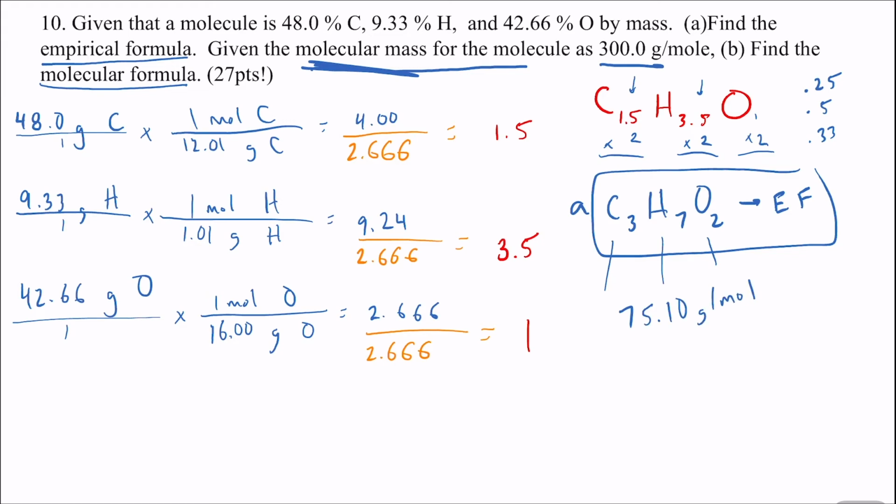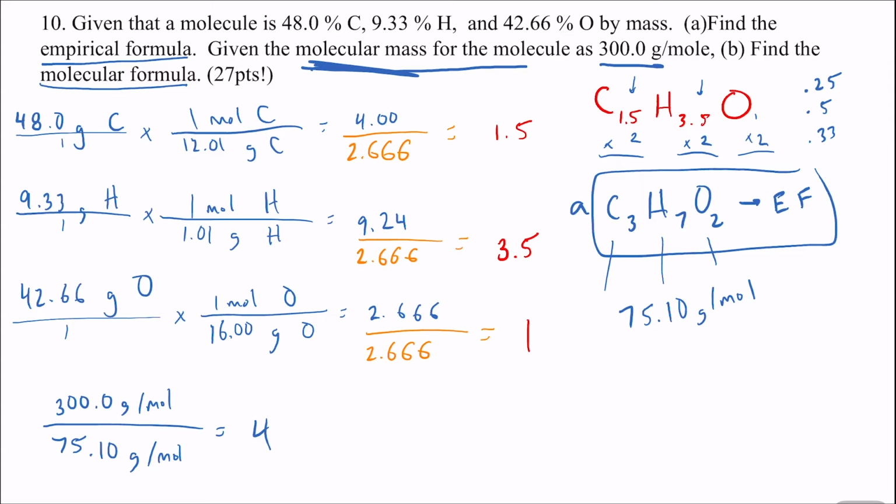Okay. And again, the bigger number goes on top, so we'll put 300.0 grams per mole. Also, the molecular mass goes on top as well, so it all works out. And then we divide these two, and we'll get 4.